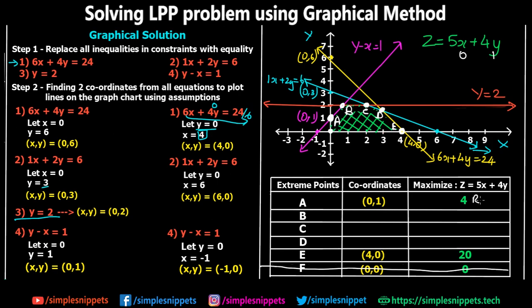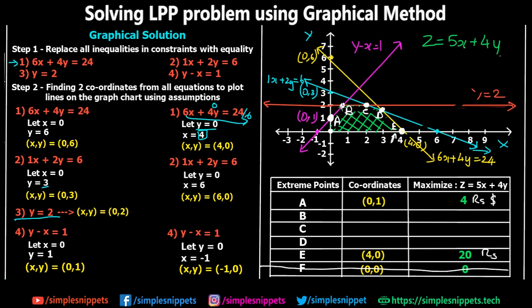This is 4 rupees or $4 or whatever currency you're using. Similarly, we know the value of E. This is the E point, which is on the x-axis. So it is 4, 0. If you substitute 4 instead of x and 0 instead of y, we get 5 4s are 20. So this is 20 rupees. So we know the values of E and A, but we don't know the coordinate points of B, C and D because they are in between of the graph, right?